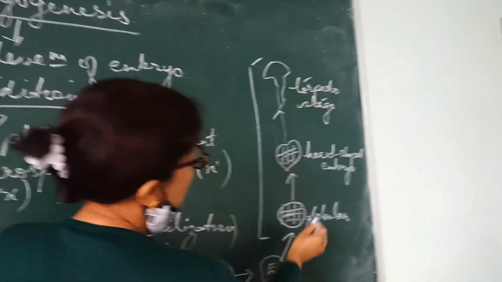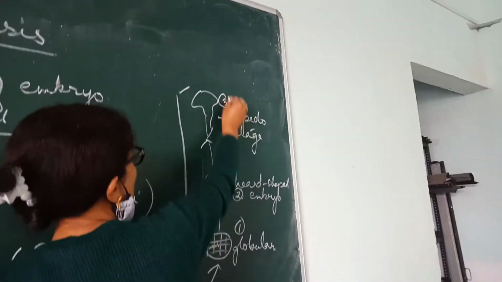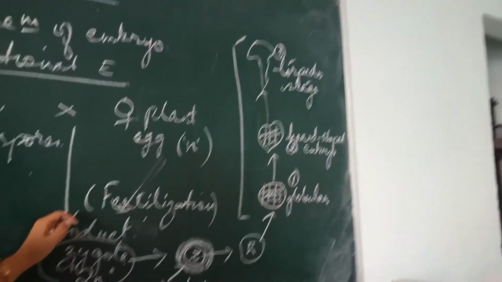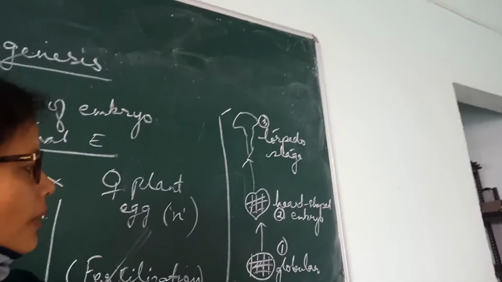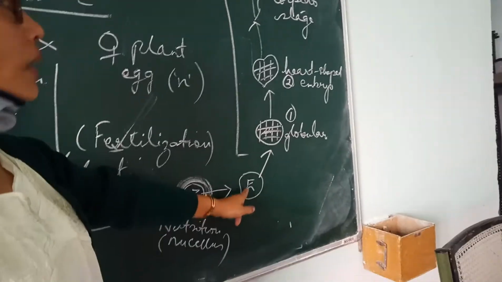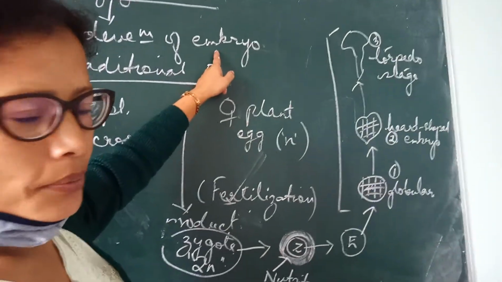So these three, globular, heart-shaped embryo and the torpedo embryo, these are the different stages of embryo development. So we are talking now of development of embryo.